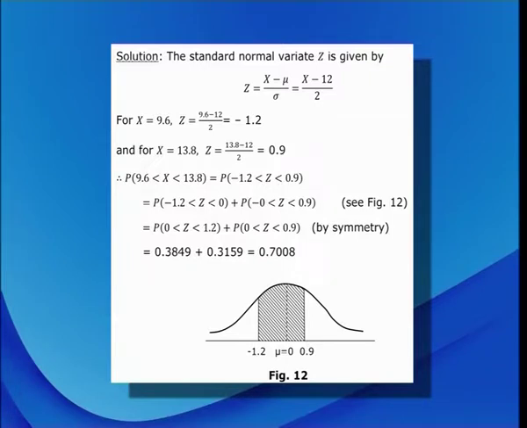That is equal to probability of minus 1.2 less than Z less than 0 plus probability of 0 less than Z less than 0.9. So this is equal to probability of 0 less than Z less than 1.2 plus probability of 0 less than Z less than 0.9 by symmetry, which will be equal to 0.3849 plus 0.3159. So that is equal to 0.7008.